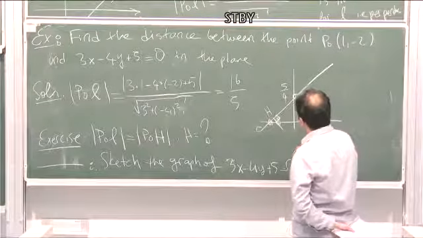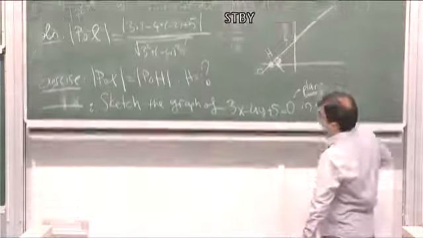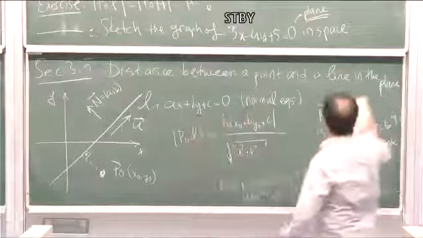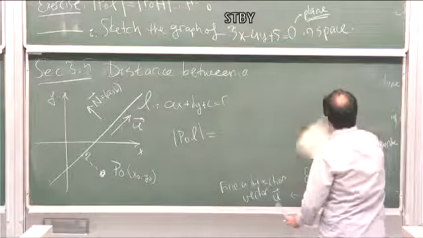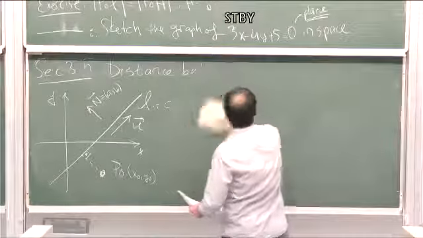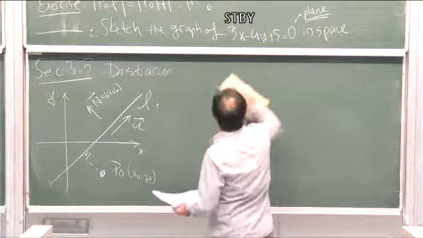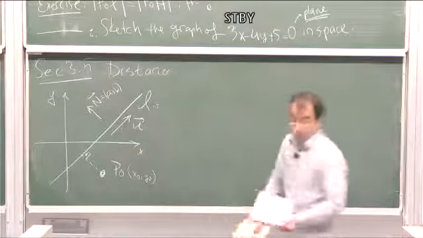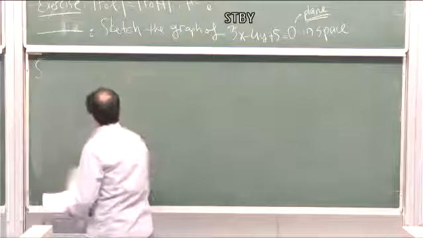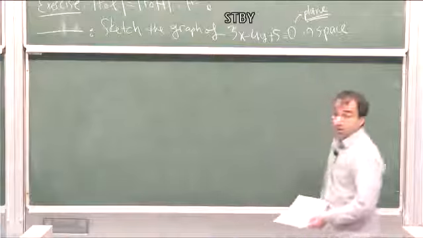So this is a plane. Maybe I should sketch here just to make sure that we understand the difference. The equation is the same, but when we consider where it lives, it will be a bit different.